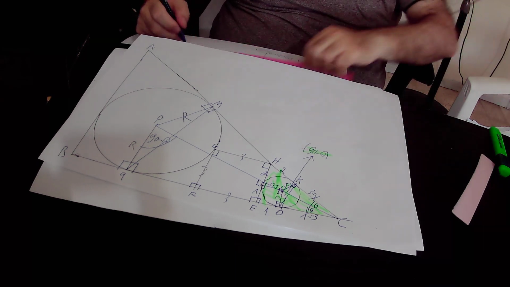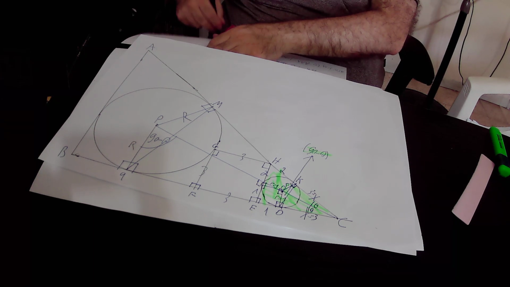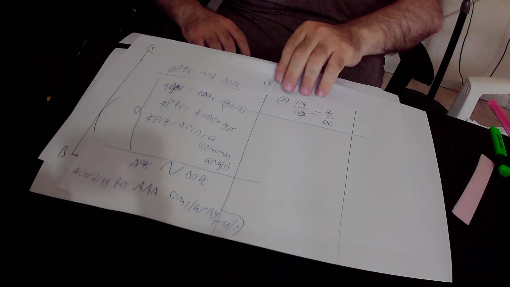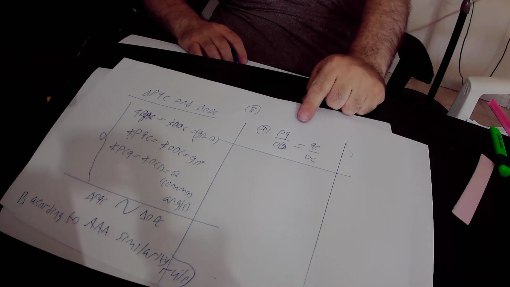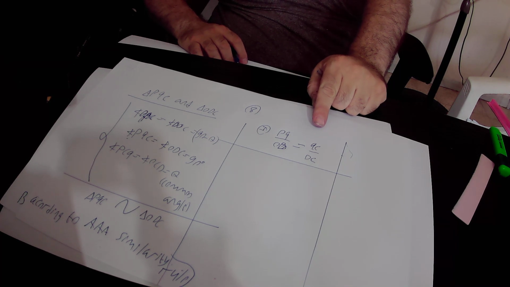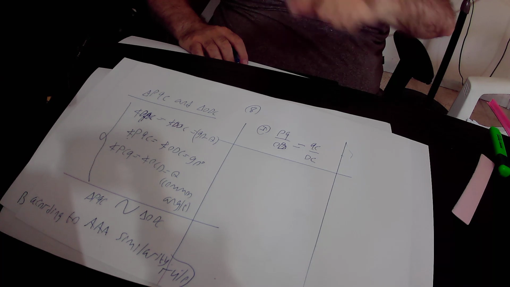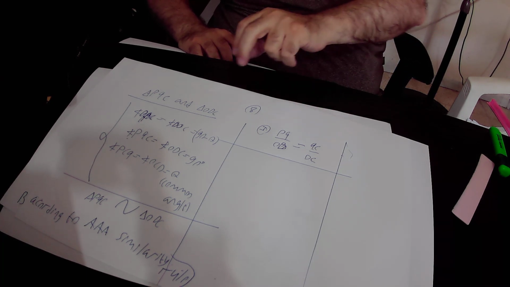I'll repeat again. We will derive that PQ over OD equals QC over DC.